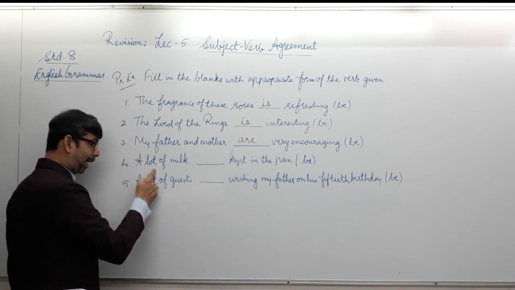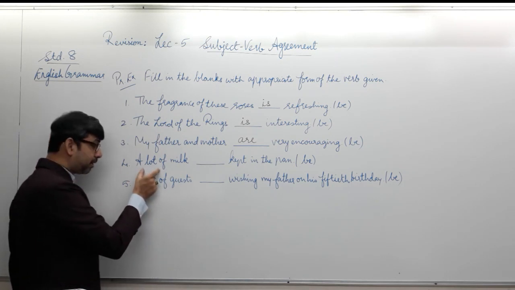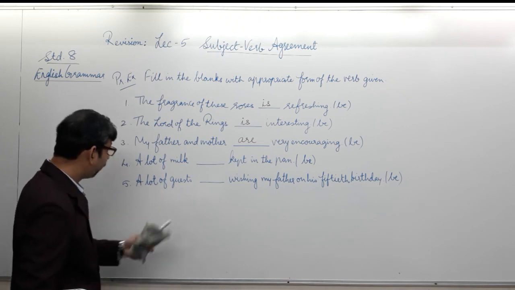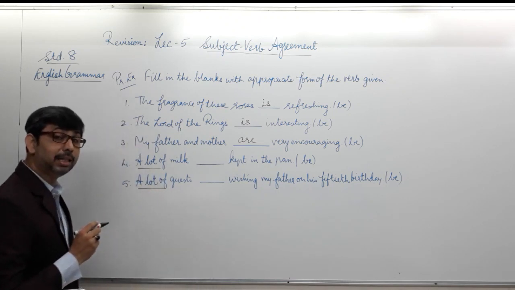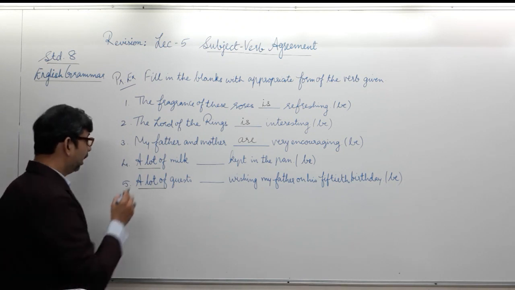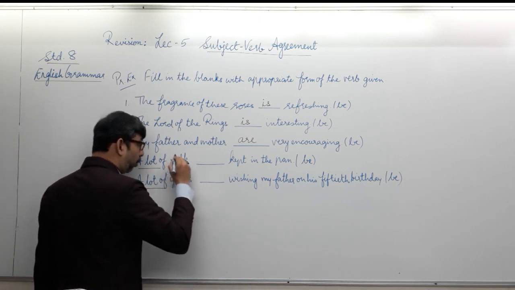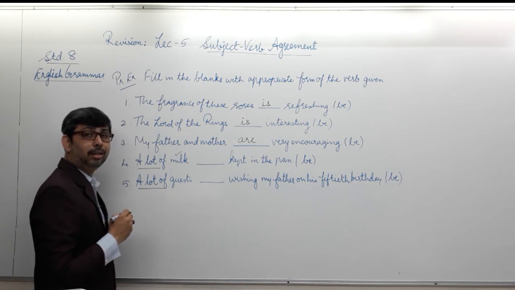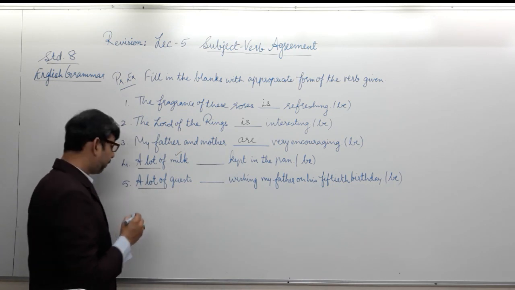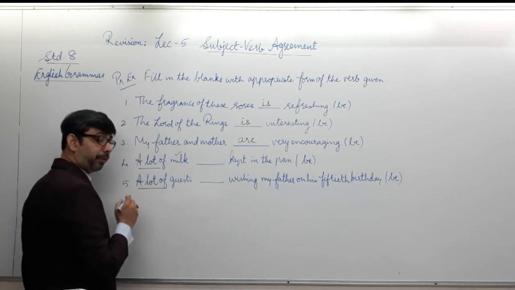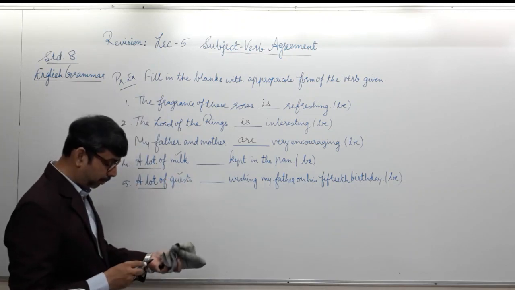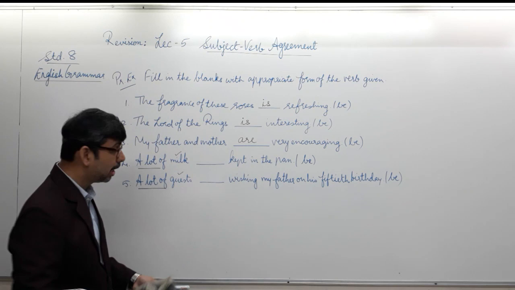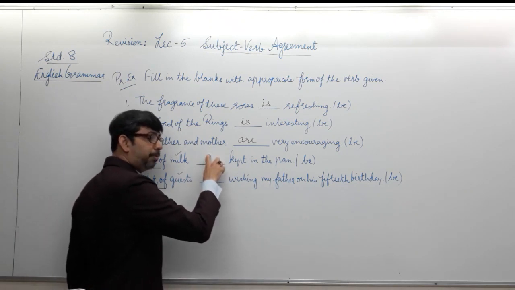A lot of has been used in the fourth sentence, and the phrase a lot of has been used in the fifth sentence. But there is a difference in these two sentences. A lot of has been used with the word milk, which is an uncountable noun. But in the fifth sentence, a lot of has been used with the word guests, which is actually a countable noun. Therefore, we will have a difference in the writing of the verbs over here.